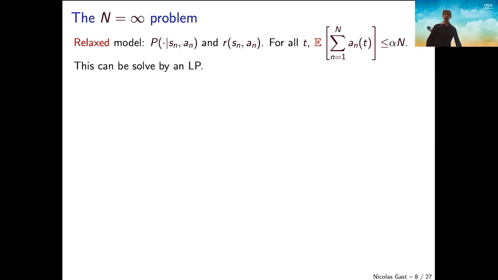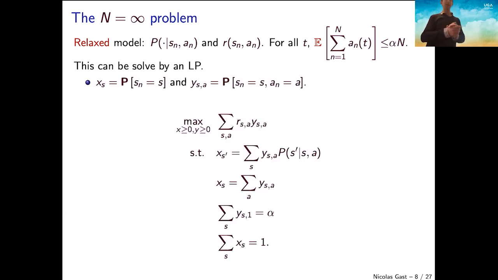This is because the problem just before was PSPACE-complete. Now this problem is easy. This problem can be solved by an LP, a linear program. And so let me prove this claim so that we understand that, maybe it's a huge linear program, but in fact, it's a really simple one.